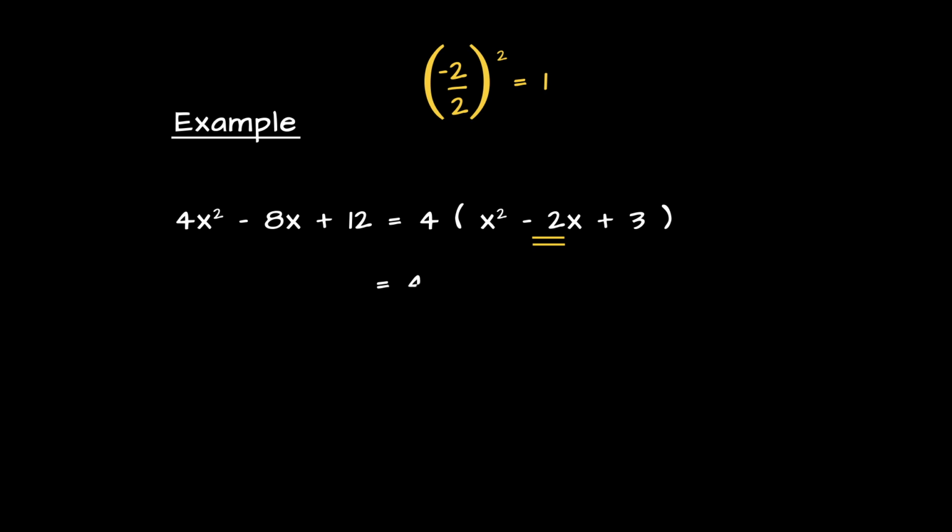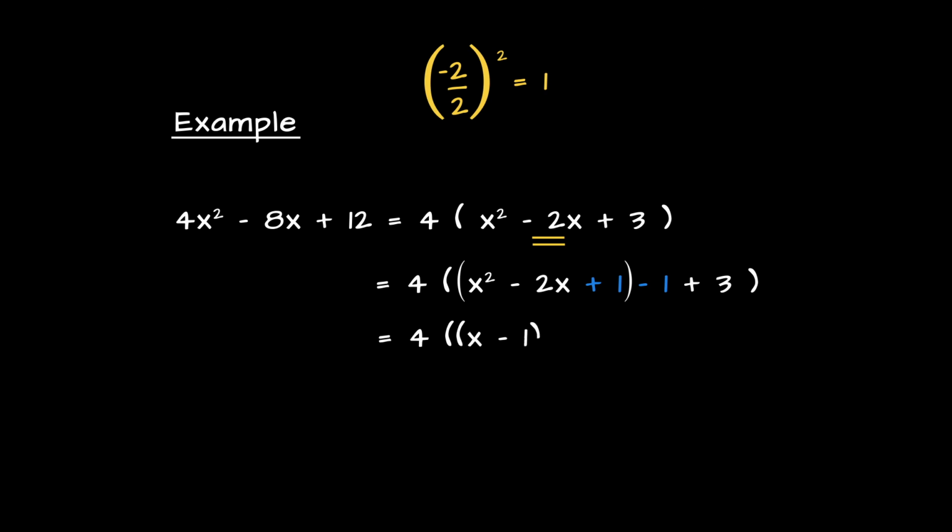So this is going to equal 4 times x squared minus 2x. Now I'm going to add and subtract a 1, like this. Now everything I'm putting in parentheses does indeed factor as a perfect square. In fact, it factors as exactly x minus 1 squared, just like this.